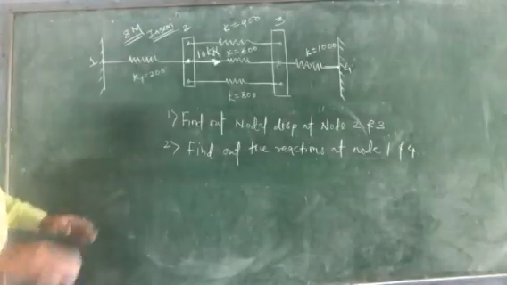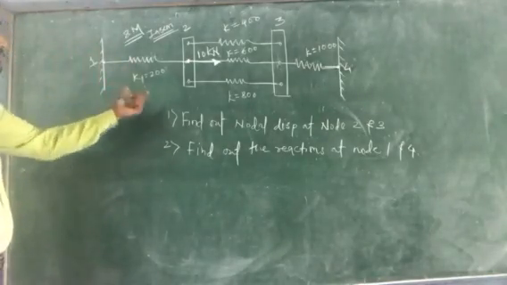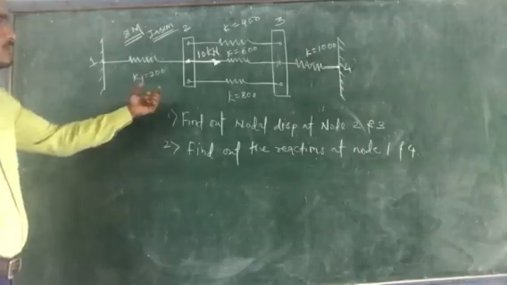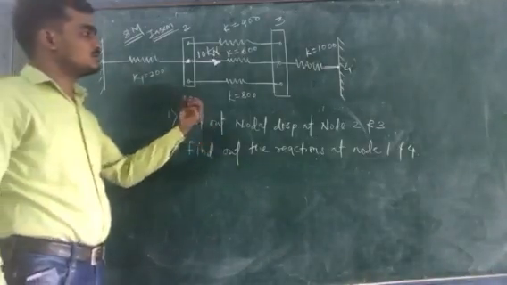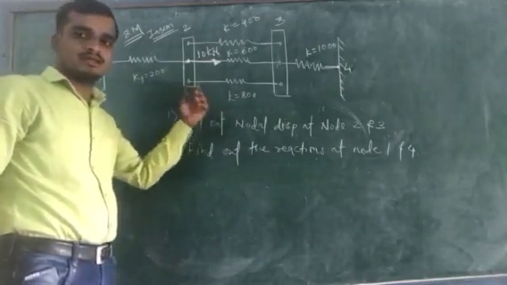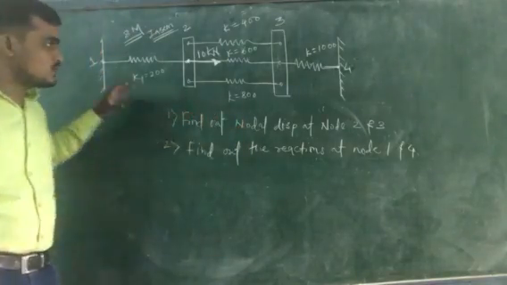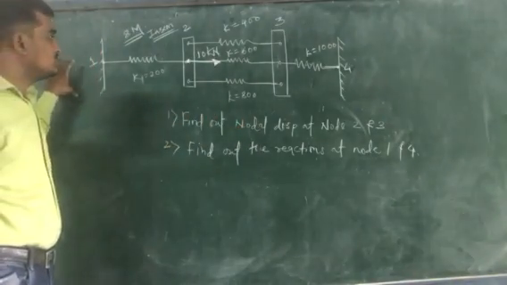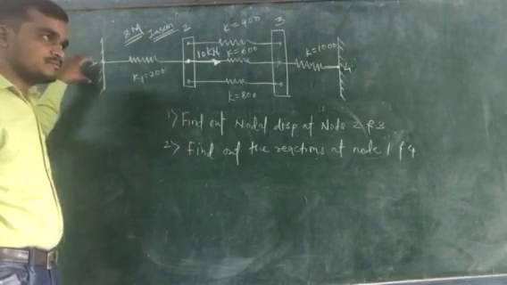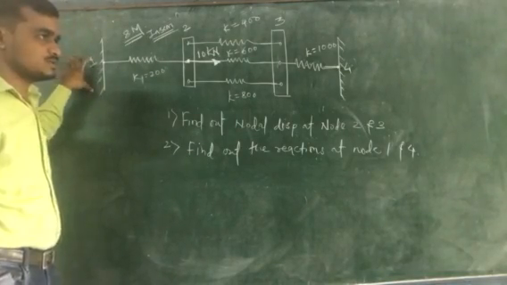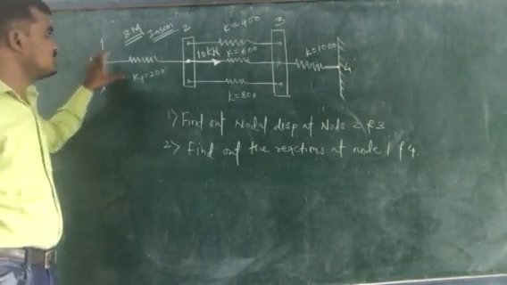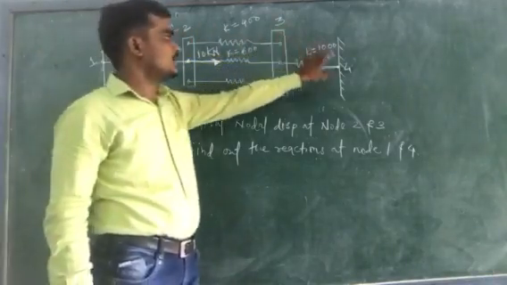Now I will just simplify. I will tell you how to construct the global stiffness matrix, and what will be the order of that global stiffness matrix. As there are 4 nodes, as mentioned in the example, there are nodes 1, 2, 3 and 4.